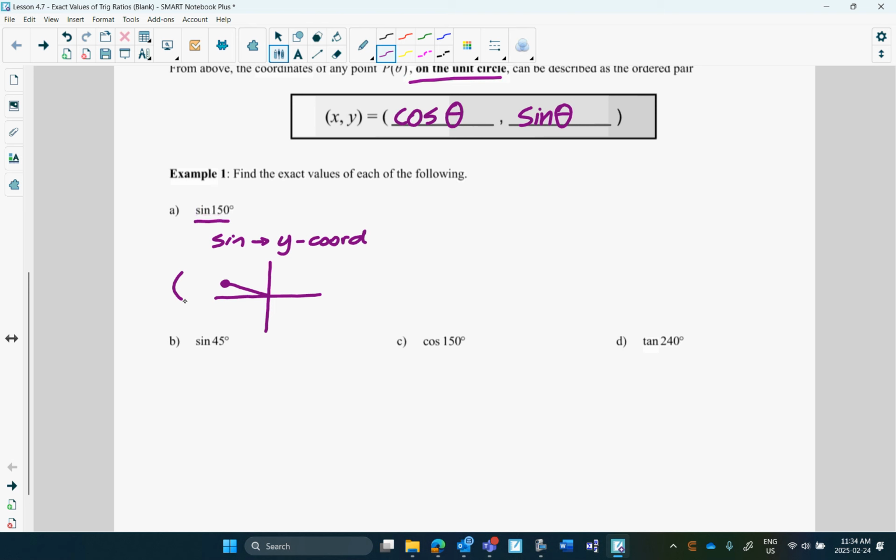So what point is this? This is negative root 3 over 2, comma 1/2. So what's the y coordinate? 1/2. So your answer, that's it. If you were to do sine 150 on your calculator, it'd come out 0.5.